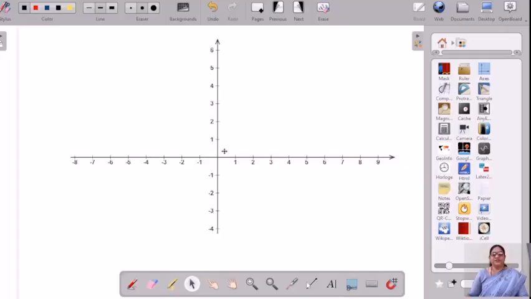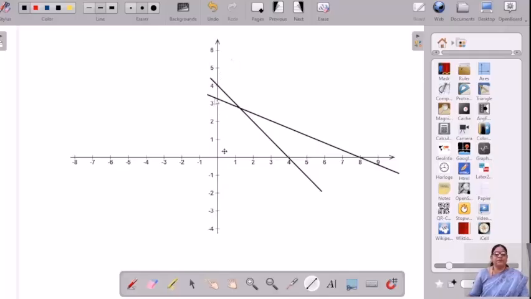This is our first line. Then the second line is passing through 8, 3. Then the next line is 3.5 and 5.